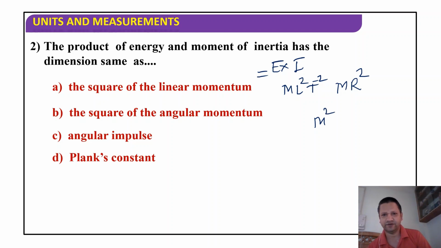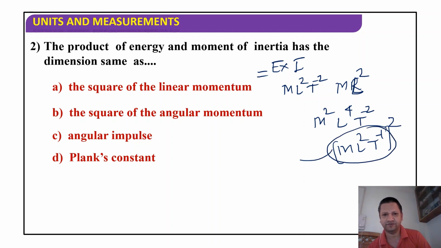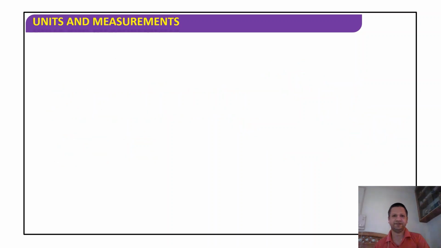For distance it is L square, so M square L4 T minus 2. So it becomes ML2 T minus 1 raised to the power 2, and we know that this is the dimensional formula of angular momentum and it is the square, so this is the correct option. So the square of the angular momentum is the right option.